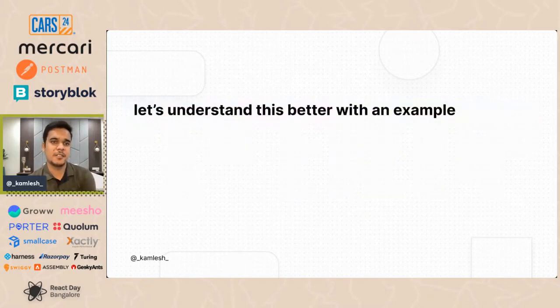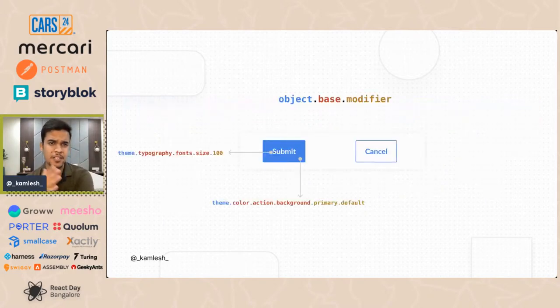So let's understand this better with an example. Imagine you have these two buttons, primary and secondary. Now I want to say, hey, give me a color for a primary button in a default state, right? So now if I have to map it to my object-based modifier terminology, I would say my object is a theme. Inside theme, give me color, which is the category of my token. My behavior is action.